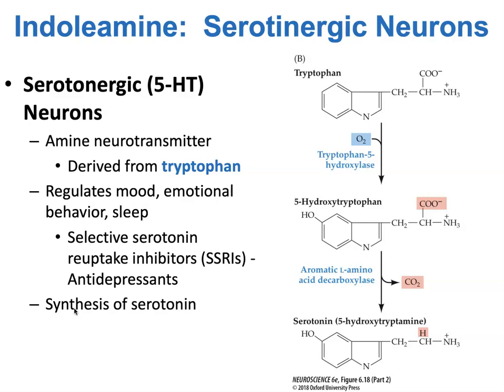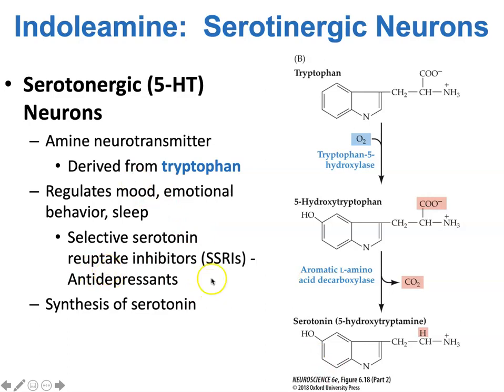Serotonergic neurons do not utilize monoamine oxidase to break down serotonin. So you have selective serotonin reuptake inhibitors, and these are antidepressants.